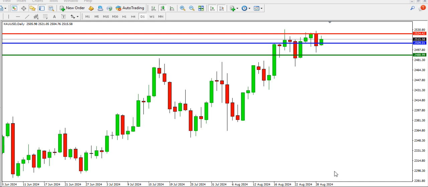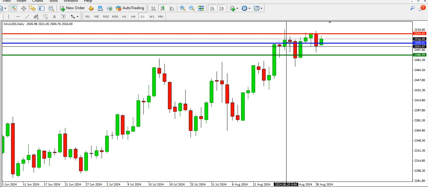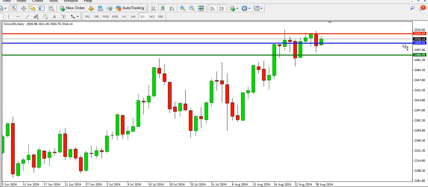On the daily time frame, we have the pivot line at 2509.01, and we have the first resistance at 2524.42, while we have the first support at 2488.99.